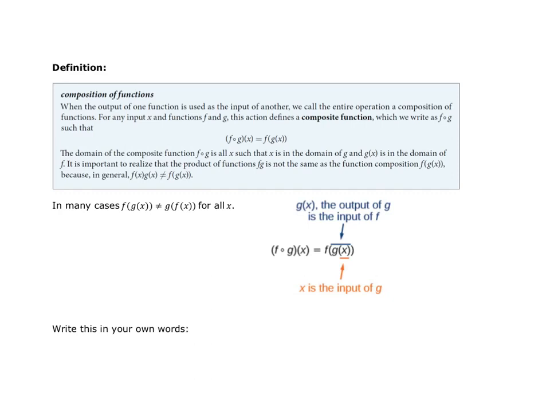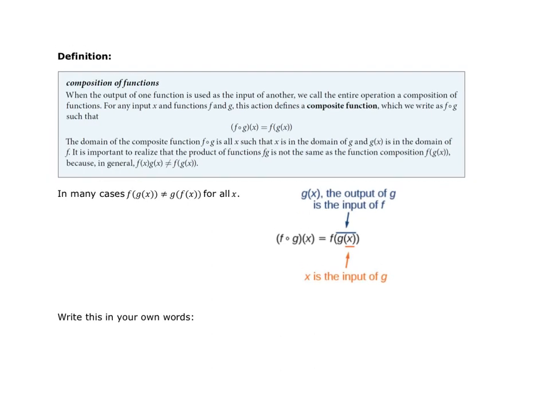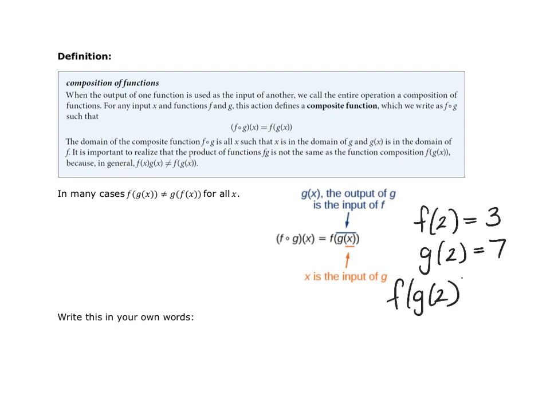Because we're gonna be doing this with a graph. But if I have my f of x of, say, 2, and the output is 3, and my g of x, or g of 2, is 7, then if I'm asked to find f of g of 2, what I'm really asked to find is f of 7.